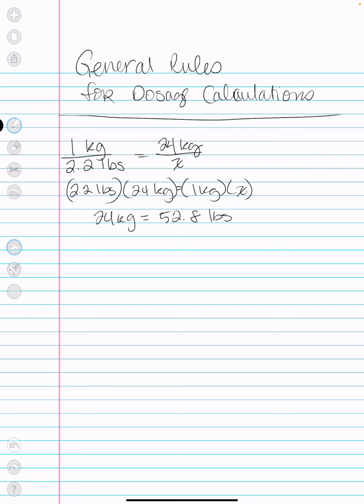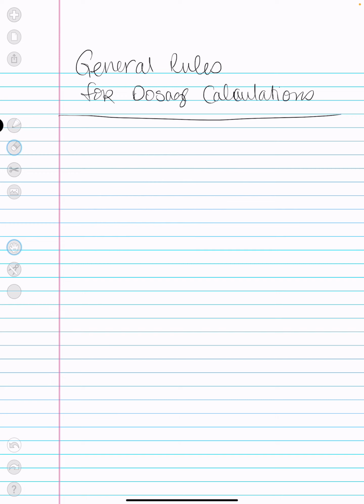There's a really convenient way of doing this in line in the dosage calculation formula itself, but this is just a pretty standard rule of thumb. So you say 1 kilogram is the same as 2.2 pounds, or that's about the best approximation that we're going to get.